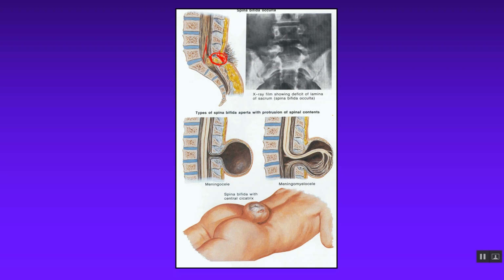You just get a failure of the final vertebral levels, that vertebral arch, to close off and form properly. So you've got this little deficit, and you usually get a fatty infiltrate in there. Oftentimes these people will have a little tuft of hair right over that vertebral arch area, and that can be a sign that somebody has spina bifida occulta.